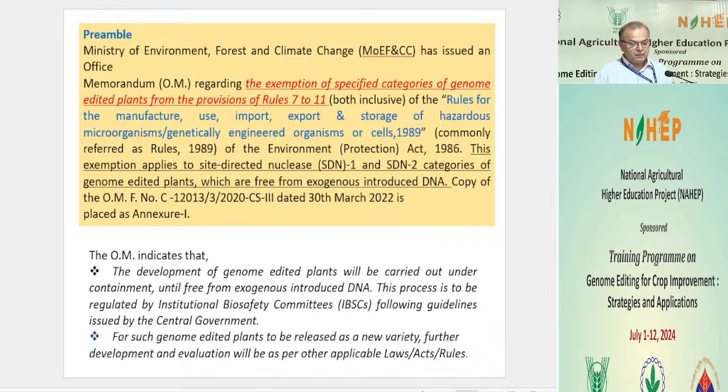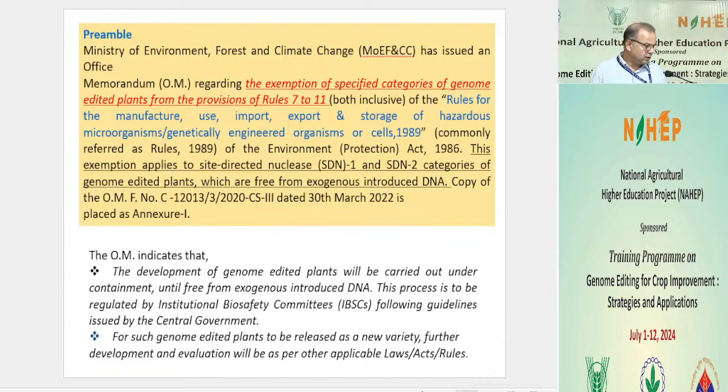The resultant mutant carries a modified sequence leading to an altered expression profile of the gene and or altered activity of the encoded protein or RNA, and thus the edited version could be regarded as an allelic form comparable to those available in the primary or secondary gene pool. So they are being exempted because the basic assumption is these kinds of changes may occur or are continuously occurring in nature also, and because of which you get multiple alleles.